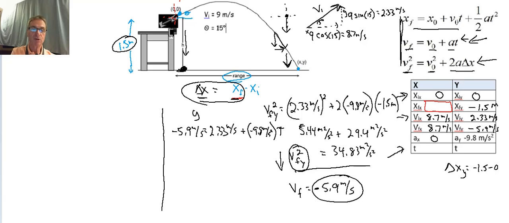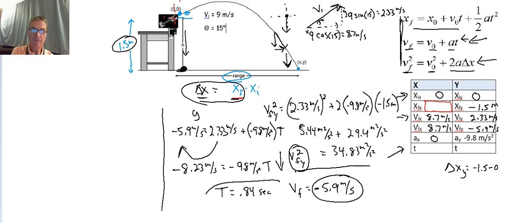I'm going to move the 2.33 to the other side, and what I end up with is negative 8.23 meters per second is equal to negative 9.8 meters per second squared times t. And when I divide each side by negative 9.8 meters per second squared, I get a value for t equal to 0.84 seconds. Okay, and I'm going to plug that into my table here, 0.84 seconds.